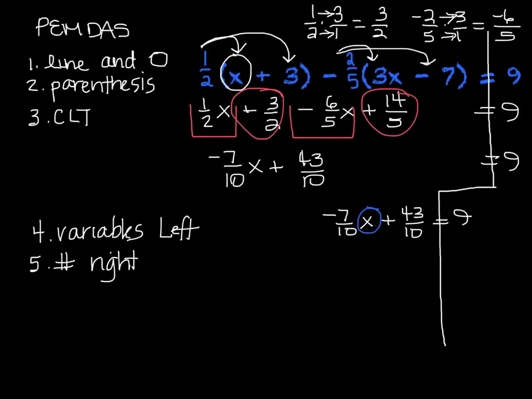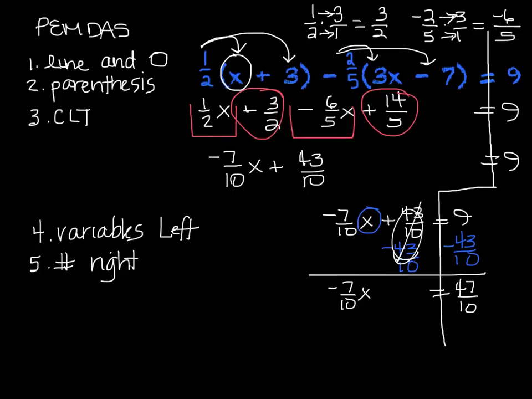So I'm going to subtract the 43 over 10 from both sides. Draw my line. Negative 7 over 10x I didn't touch. This will become 0. 9 minus 43 over 10 is going to be 47 over 10.